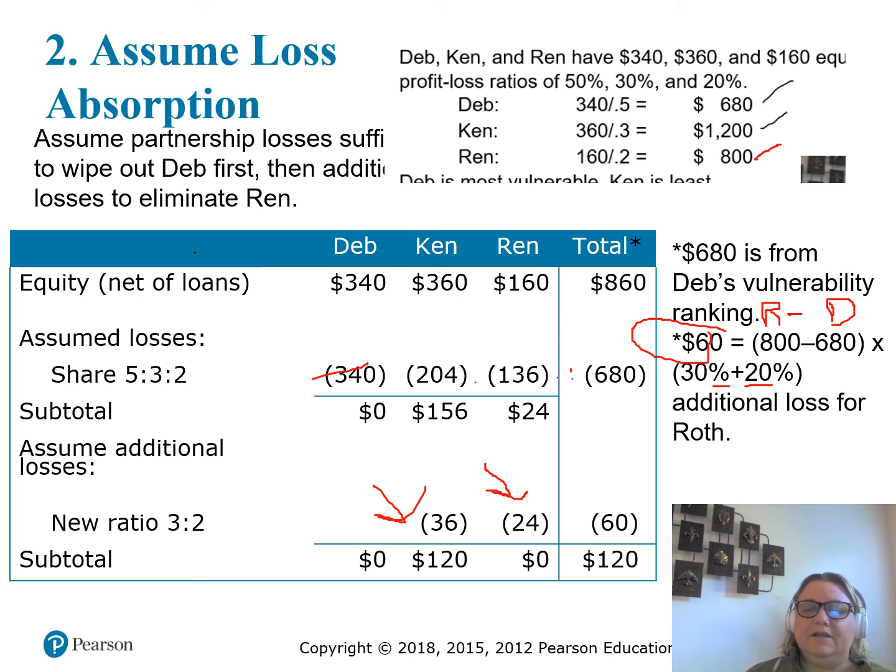Now, if you want a shortcut for the 24, there's another way you can apply this problem. I never like to show you a second way, but sometimes there's an easier way.